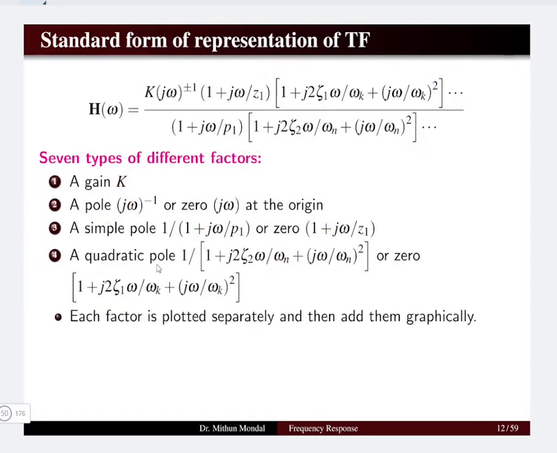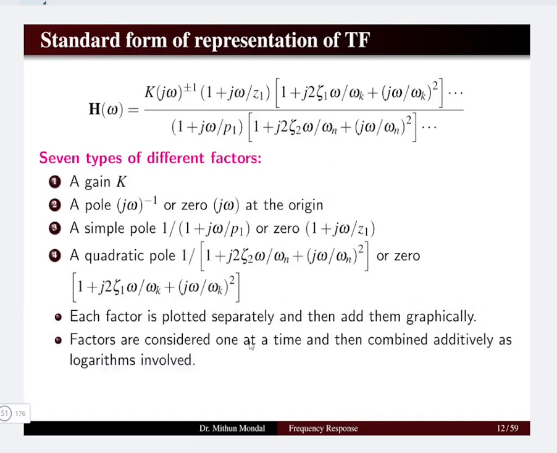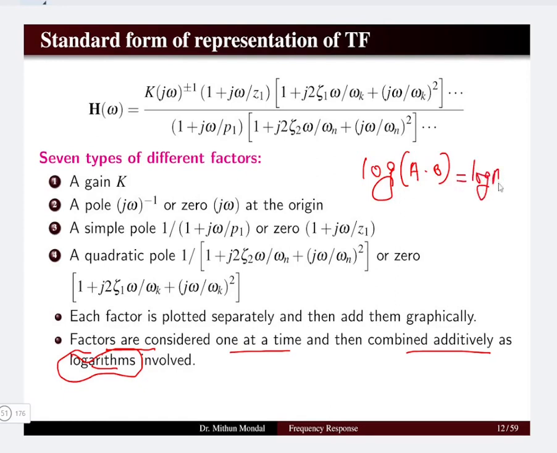Now, in order to obtain the Bode plot, each factor is plotted separately. So one by one, we are going to take one of the factors and then add them graphically to obtain the full Bode plot. Factors are considered one at a time and then combined additively as logarithms are involved. So we have seen how we take advantage of logarithms, where an a into b term can be converted into the summation of two terms.